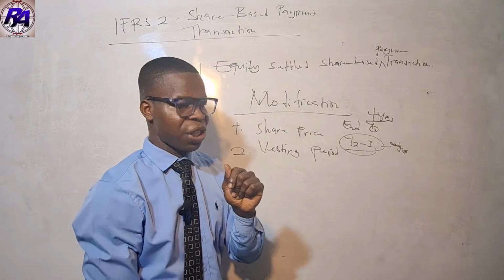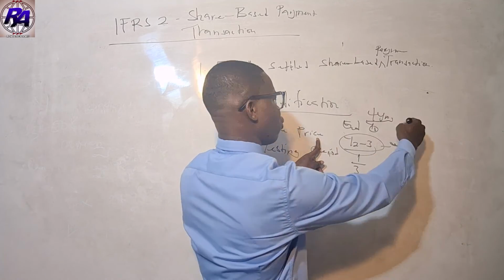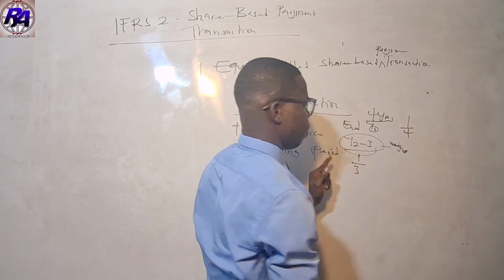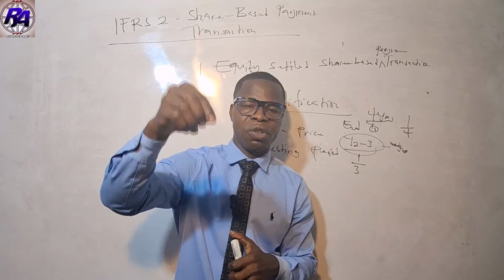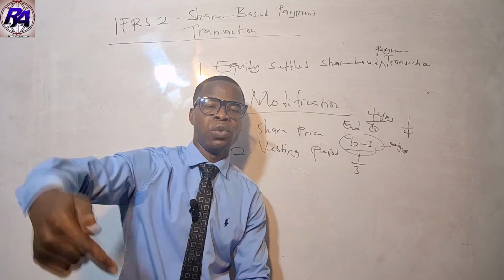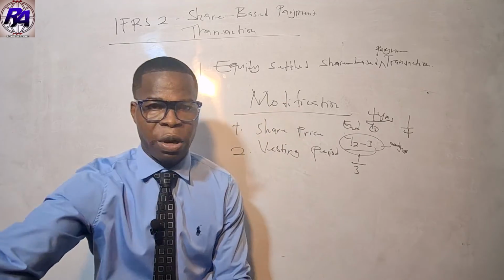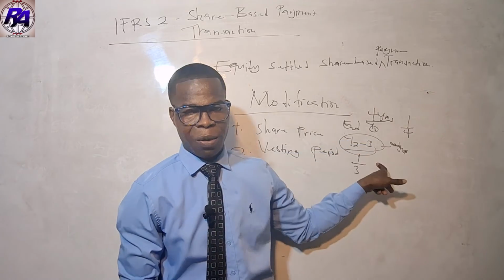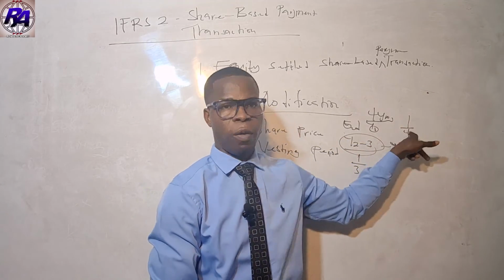If you are doing your fractions with the modification, it's going to take 1/3, but the original contract will take 1/4 because of vesting. I said when the contract does not vest, we are going to issue those equity instruments or the share options over the vesting period. That's why these fractions are coming in over the vesting period. So year one, year two, you go to 2 over 4.